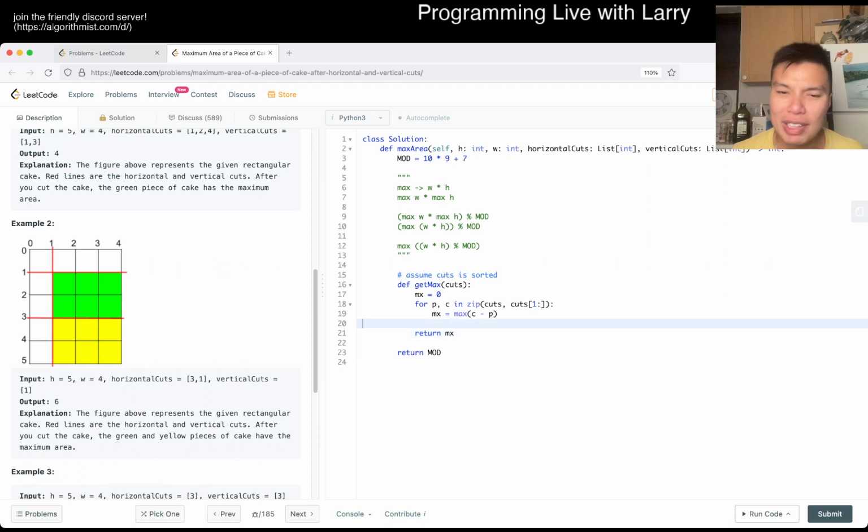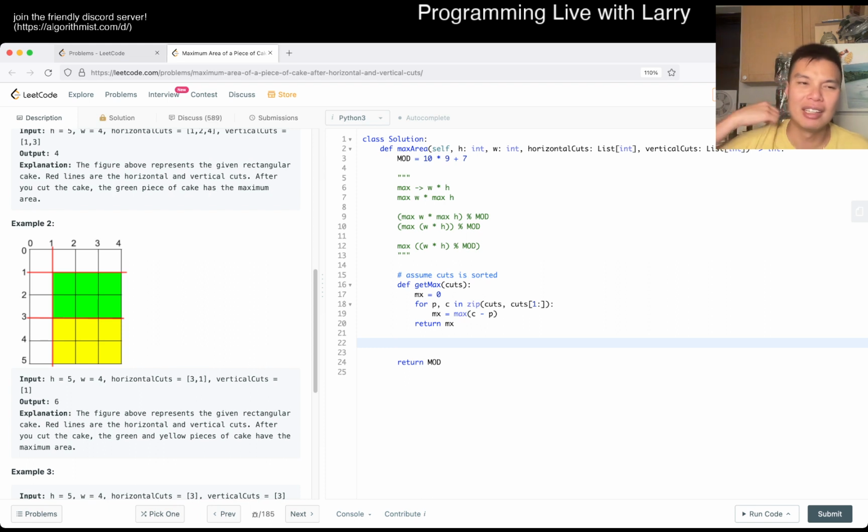But one thing that you can do is also create, I guess this is almost like a sentinel, a better generalization from the inputs. And one thing that you can do here is treat zeros as a cut, and also the length of the width or the height as a cut. What I mean by that, and I have to be careful here because I think it's easy to confuse this.